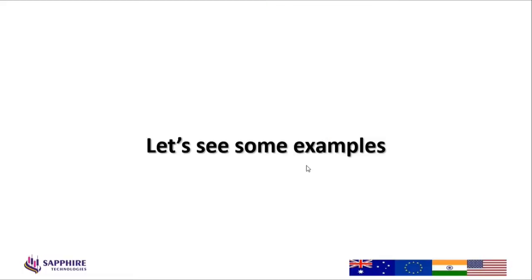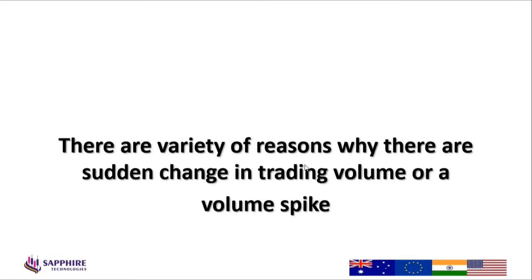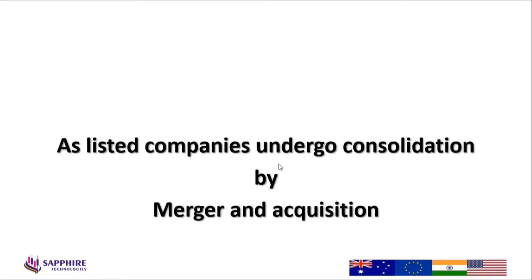Now, going back to the presentation here, there are a variety of reasons why there is a volume spike. You need to understand them, because that gives you the indication of why you should use a volume spike or sudden change in volume as an indicator for your future trading decisions. Various listed companies undergo consolidation.